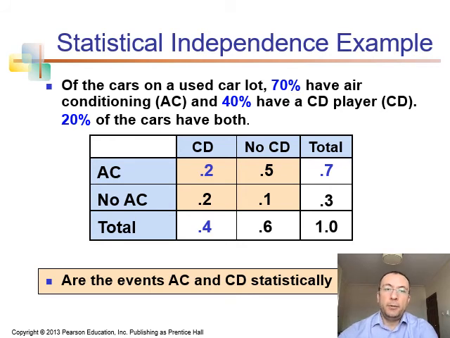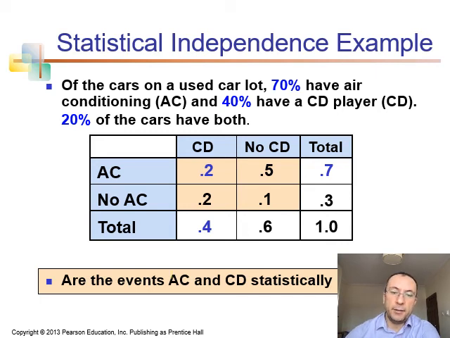Now here's an example. Let's say there's a car market, and we have some cars that have air conditioners. We have some cars that have CD players. We have some cars that have them both. We have some cars that don't have AC or CD. We have the probability distributions here.